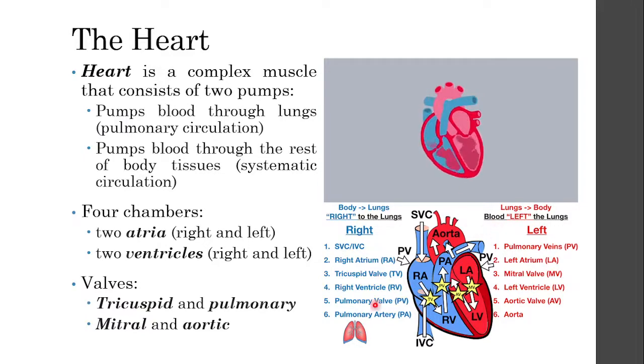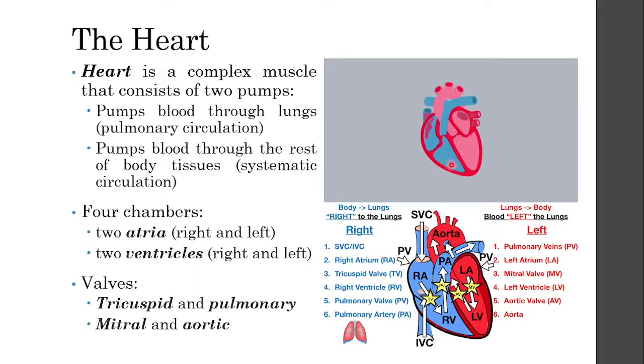And then we have what we call the semilunar valves. Semilunars because there's actually only two openings. We have the pulmonary and the aortic valve. The pulmonary valve is basically what separates the pulmonary artery, which is this right here, and your right ventricle.